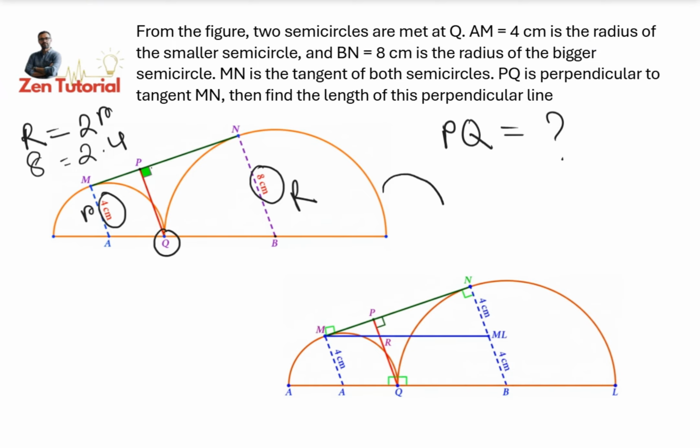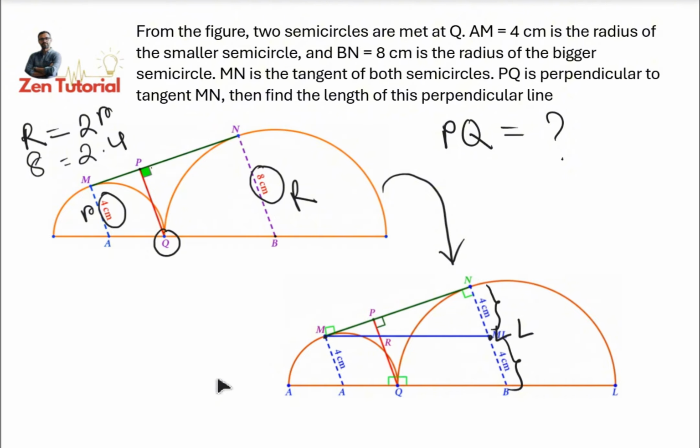Now, if we redraw this picture, from M to this point L, what is L? L is the midpoint of the larger semicircle. It means this length is 4 centimeters, and from here this is 4 centimeters as well, right? And M to L is a line, so this is the ML line.